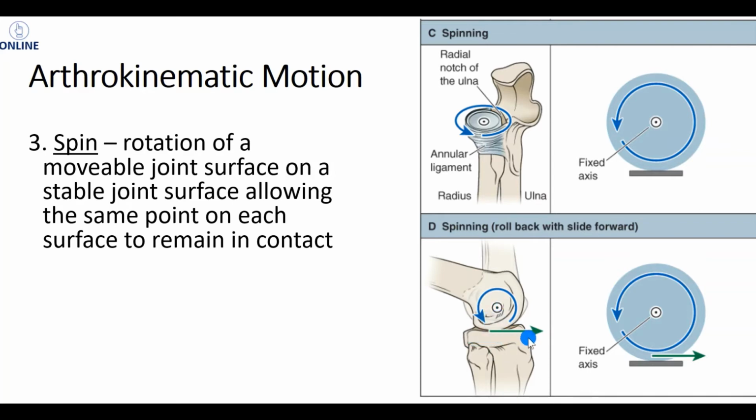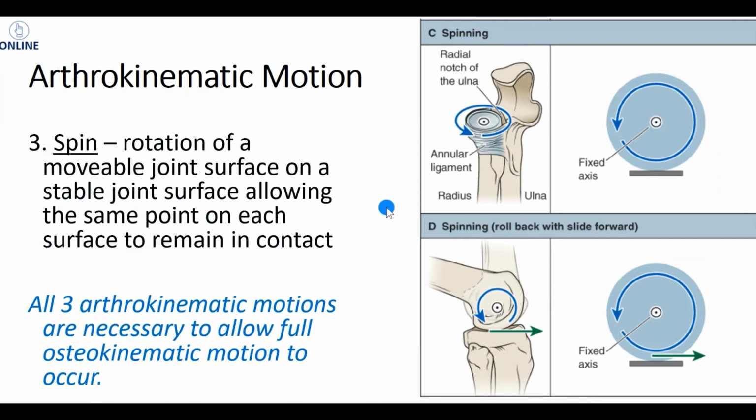So with this, you can see there's not that gliding forward. And this representation is more accurate of how the tibiofemoral joint actually looks with knee flexion. It's more of a spin. But there is a glide component to it as well. So ultimately, we're getting all three of those motions with our normal joint motions. With our normal osteokinematic motions, we're getting all three things happening at once.